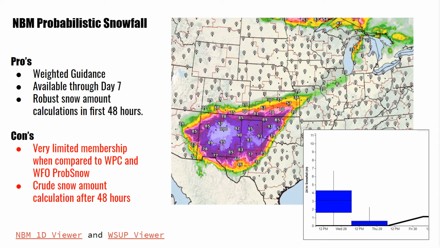The guidance is weighted and available through day 7, but the membership is very limited when you compare it to WPC and WFO. The precipitation type and snowfall calculations are robust in the first 48 hours, but then become more crude with mean soundings used after 48 hours.